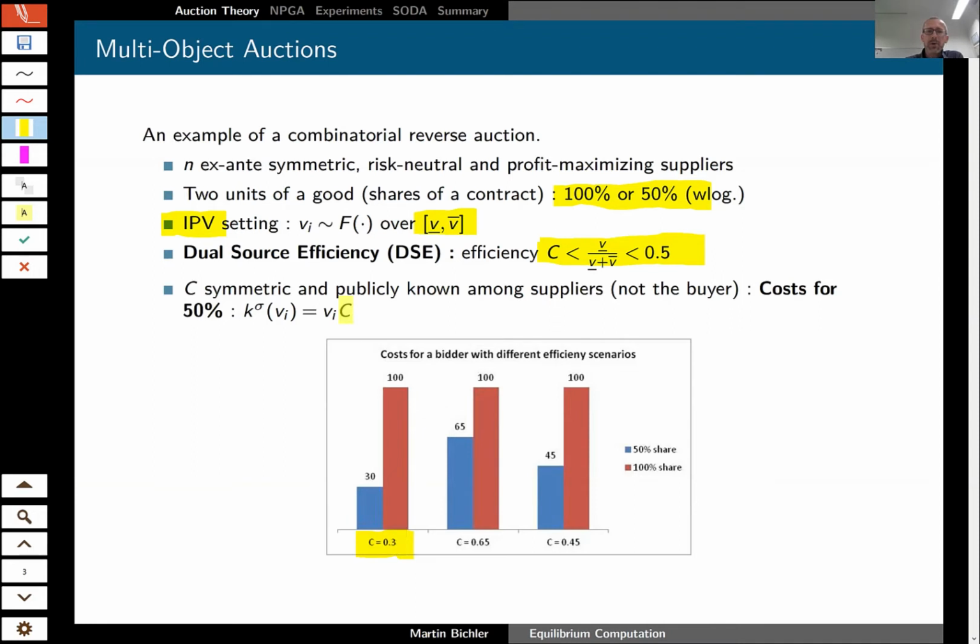Then the cost for producing 50% is your cost times C, so this would be 30. This is assumed to be publicly known among the bidders.